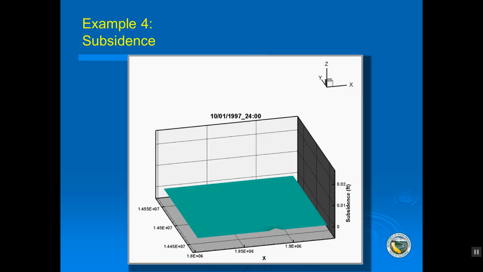Subsidence, you can also create a tech plot output for subsidence. That's what we did here, and create animations for the subsidence. This is in terms of thickness, how much compaction is happening.